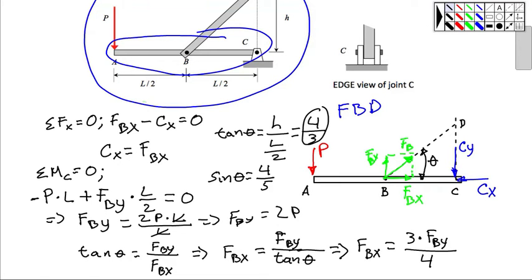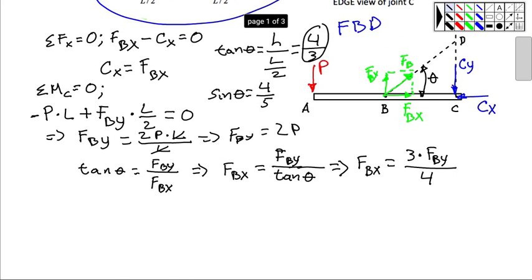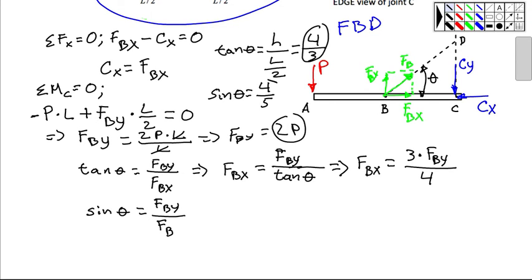Now we can find Fb using sine of theta. Sine of theta is equal to Fby over Fb. We know that Fby is equal to 2P, and we also know that sine of theta is equal to 4 over 5.